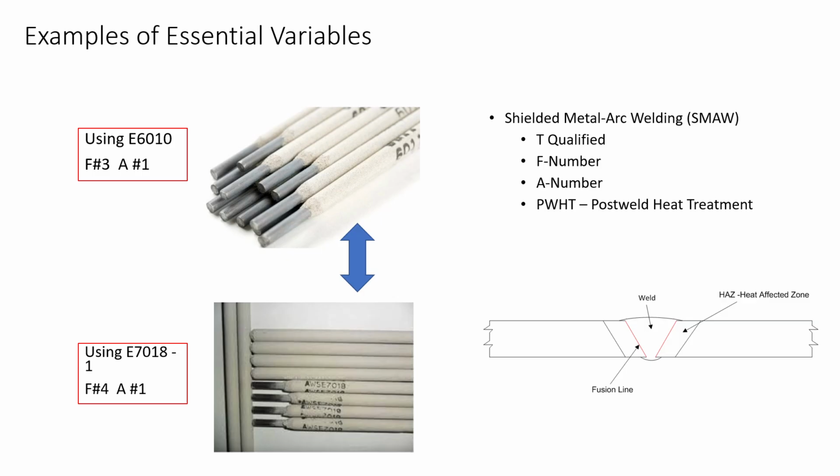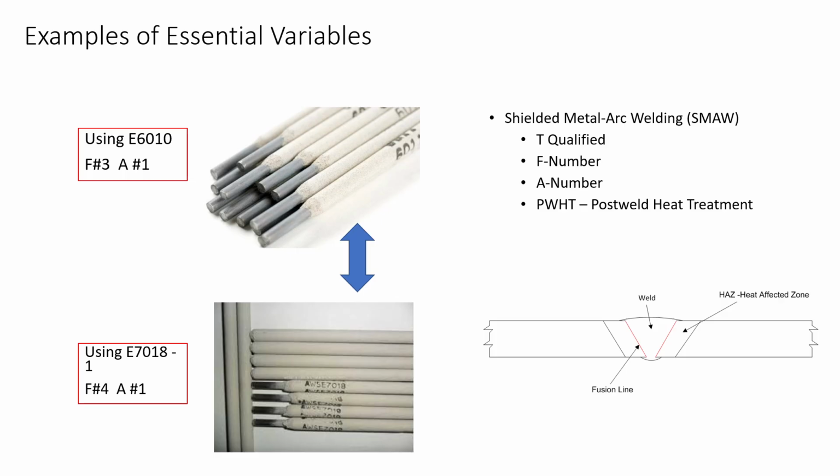Here's another example where we would have a difference, and this would be in the base metal or in the weld metal itself. And we might be using the same tensile strength. Well, in this example, we're going from a 60,000 tensile strength material to a 70,000 tensile strength material. Well, obviously that's going to give us different mechanical properties.